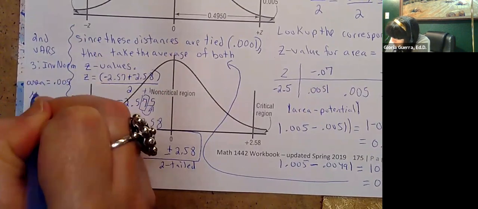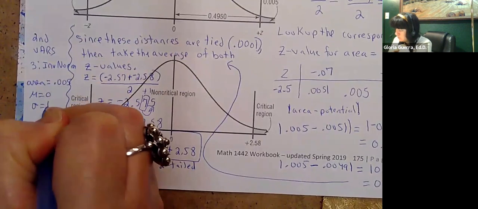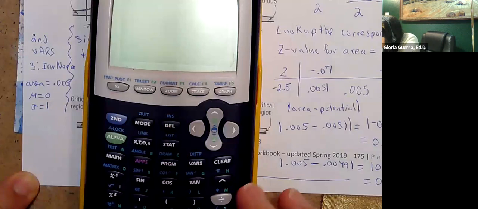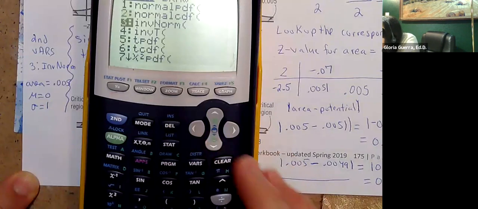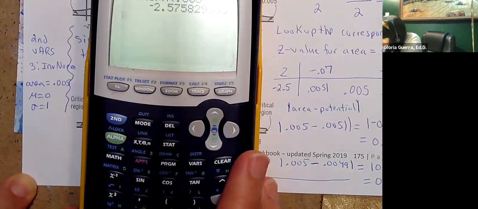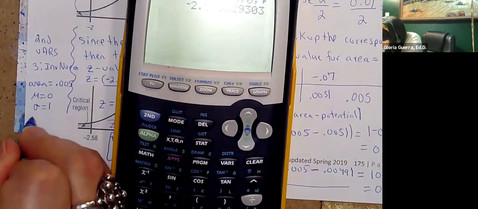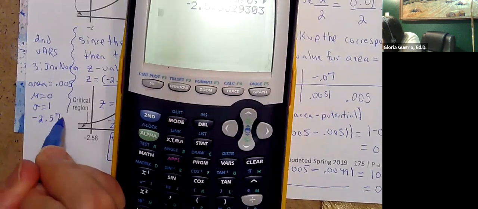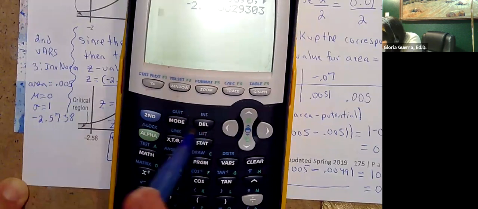Mu is always 0 and sigma is 1. So when we do that, second vars number 3, 0.005, that'll be negative 2.5758 and a whole bunch of other numbers, right?